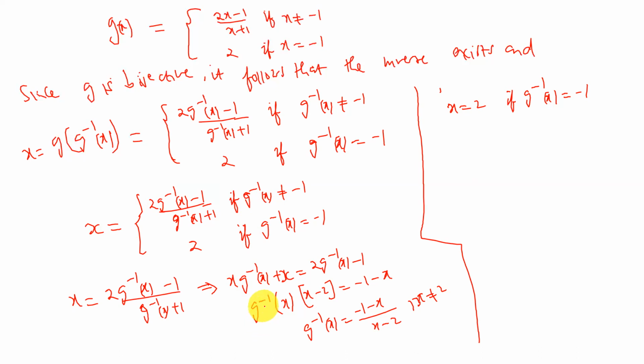What is the meaning of this? Well, we are able to write the following. The g inverse of x can now be written like this. So g inverse is minus 1 minus x divided by x minus 2 if x is not 2. G inverse is minus 1 if x equals 2. So that is the inverse.